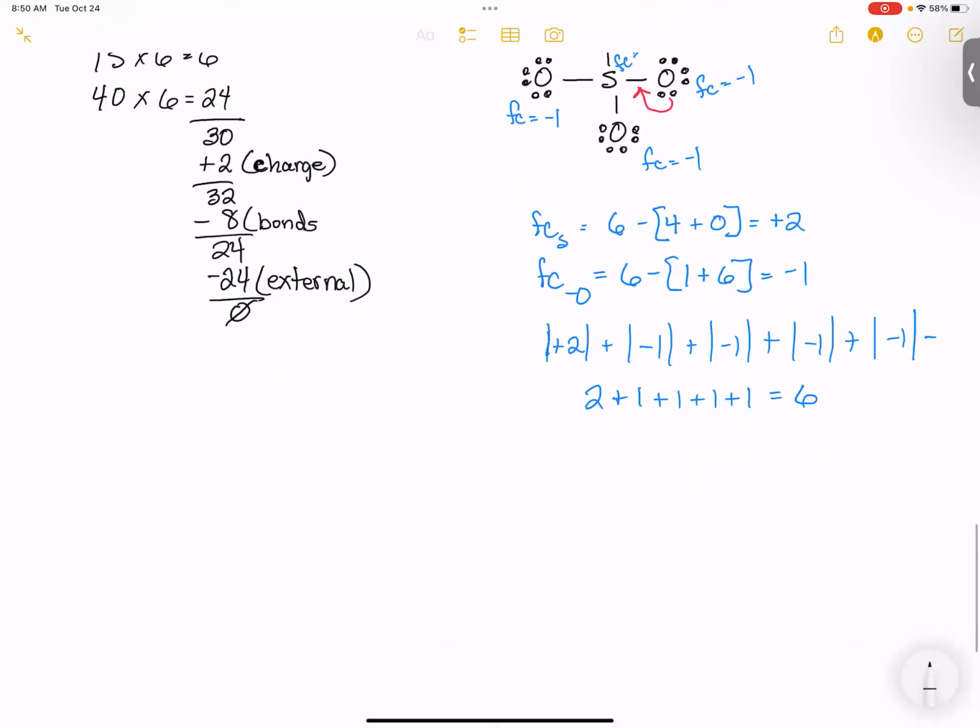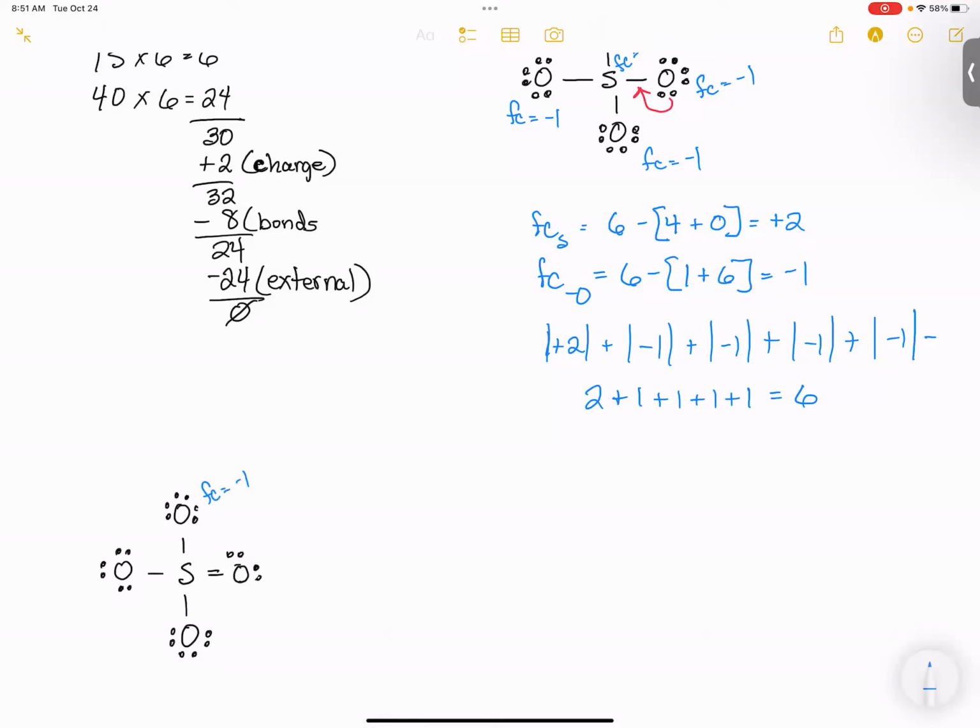And the structure that is going to emerge when I share that pair of electrons is this structure. If we did not change the atom, the formal charge is still the same.